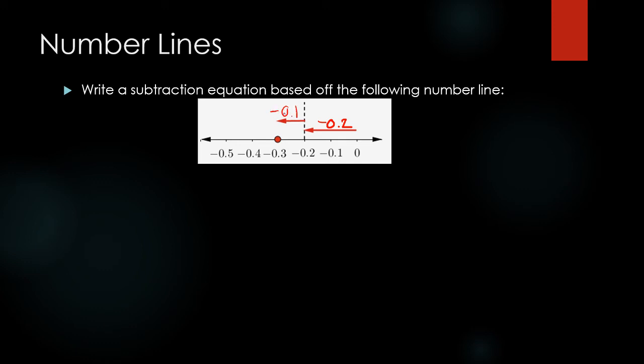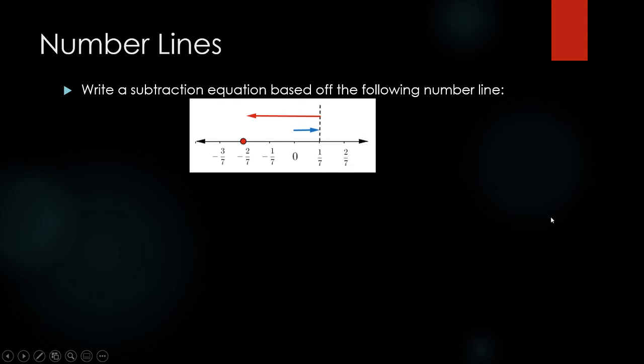It's backwards. So my first movement was 0.2, then I went back another 0.1, and I'm ending where this dot is. This dot is on negative 0.3. So that is the equation that we would write based off of that number line.